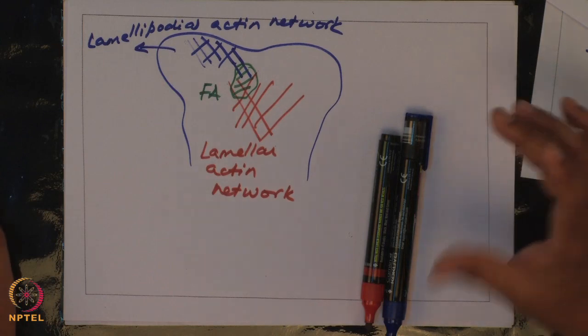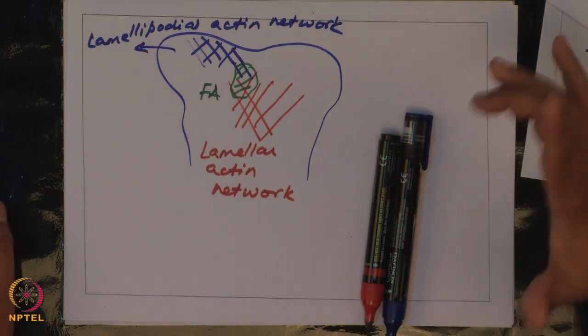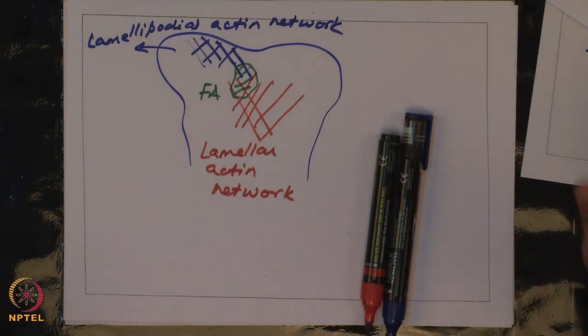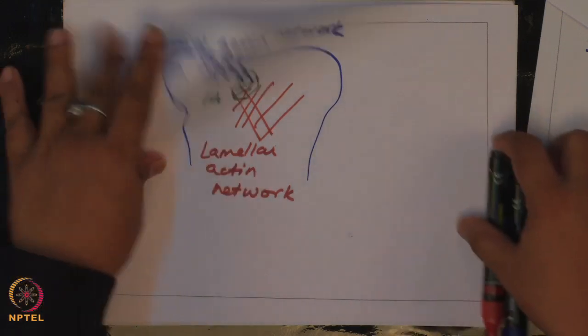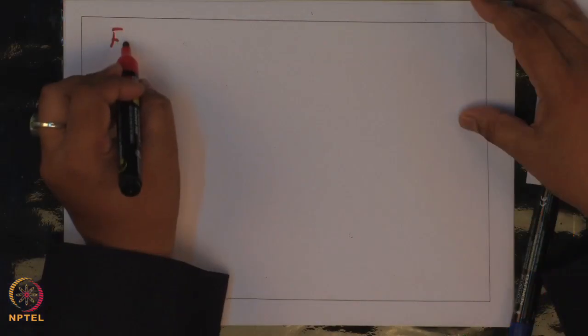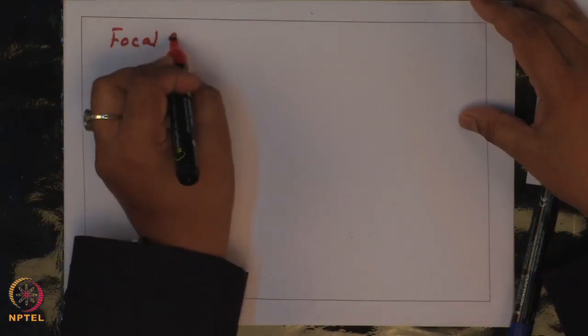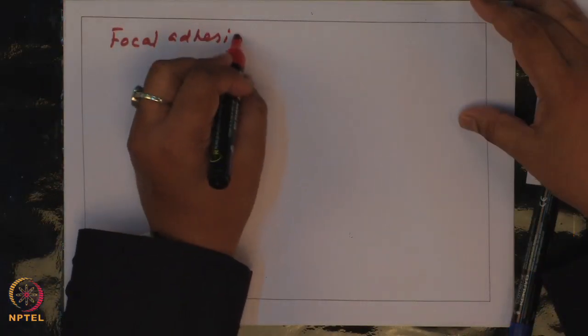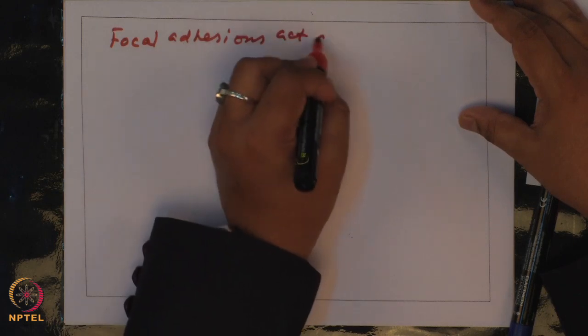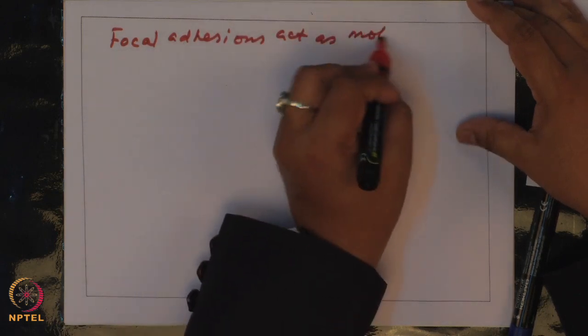So, this suggests that in cells, migration is driven by the existence of two kinetically and kinematically distinct actin networks. These observations also led to our understanding of migration, saying that focal adhesions act as a molecular clutch.